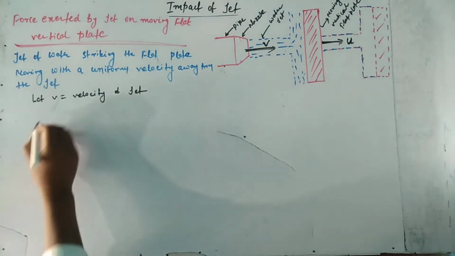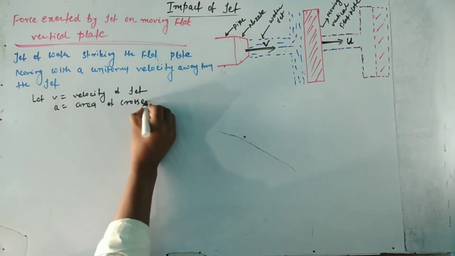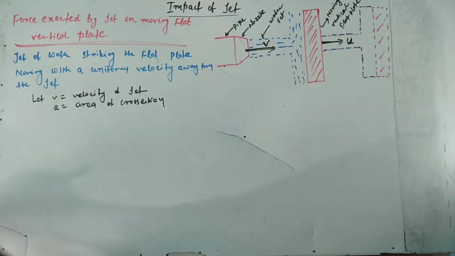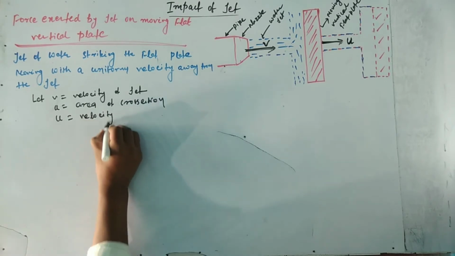Let V equal the velocity of the jet, A equal the area of cross section, and U equal the velocity of the flat plate.